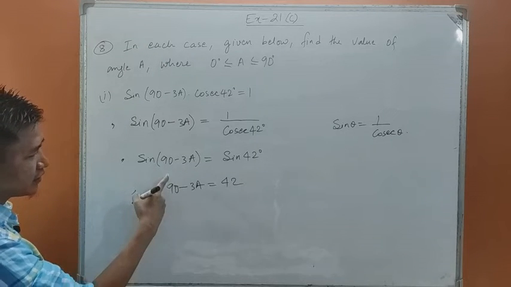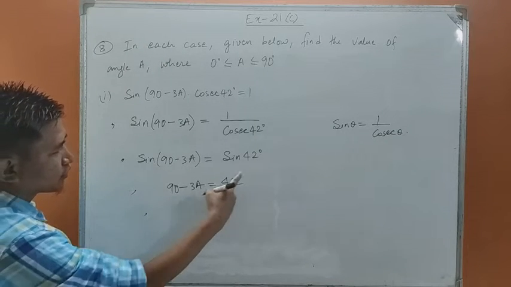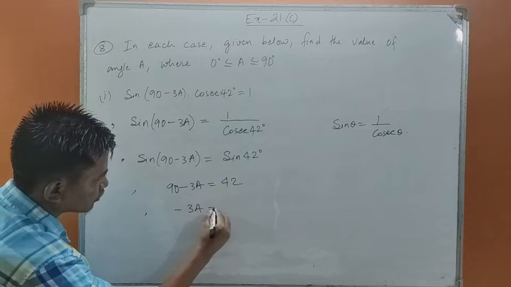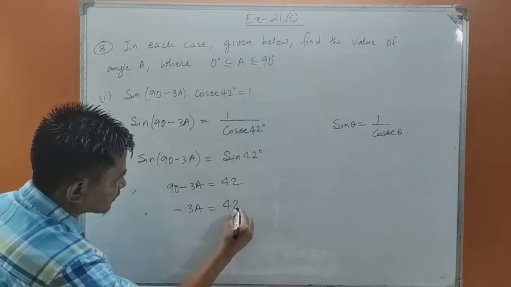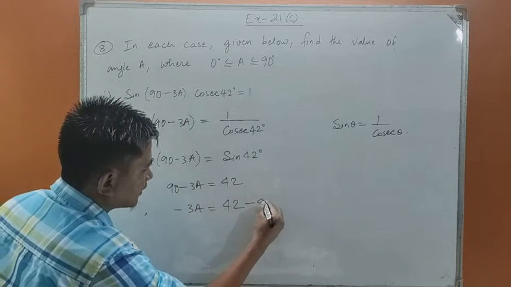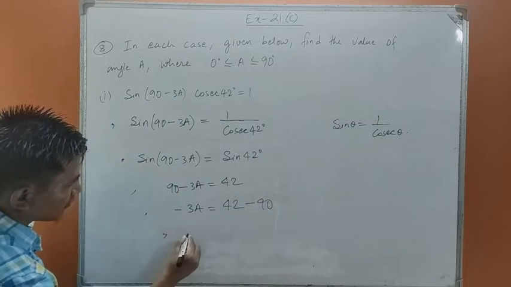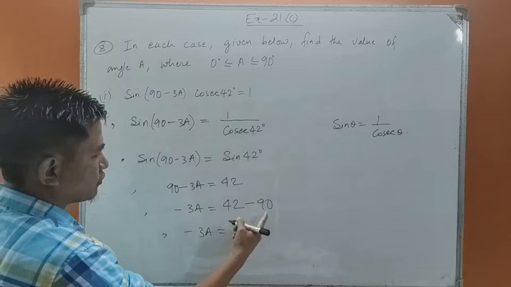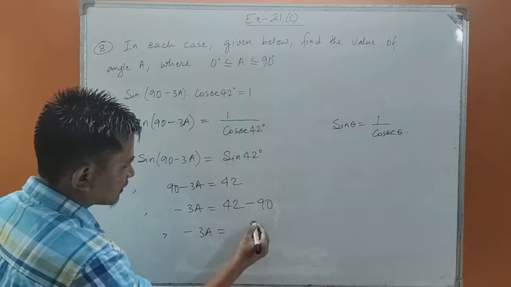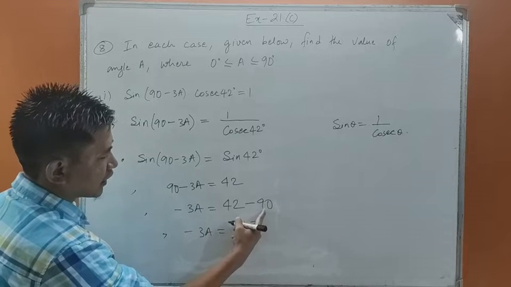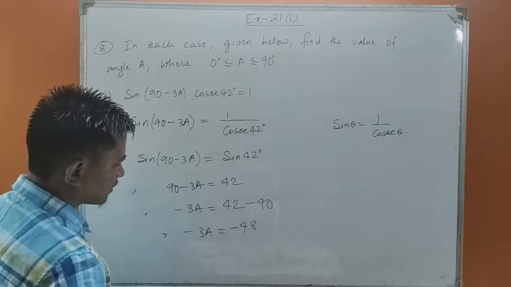Sin, we left it, and just the angle: 90 minus 3A equals 42. Or minus 3A equals 42 minus 90, taking the 90 to the right hand side. So minus 3A equals 42 minus 90, which is minus 48, since 90 minus 42 is 48 and the sign of the greater number comes here, that is minus.